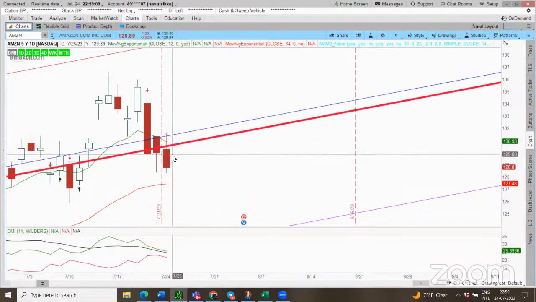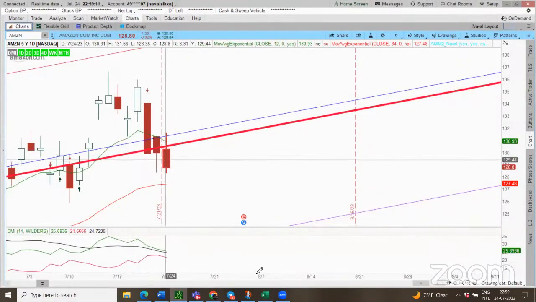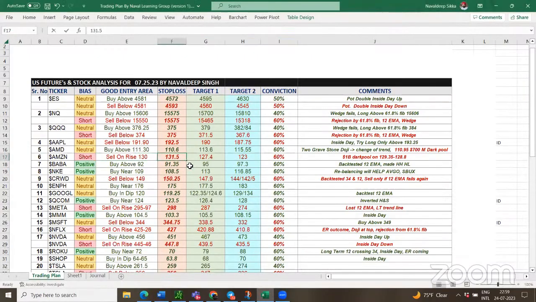So here you can try to short Amazon around 130. Again, if it rises, sell at 130. Keep the stop loss of 12 EMA. 12 EMA is 131 now. Look for these targets. I think this will provide some resistance on Amazon.